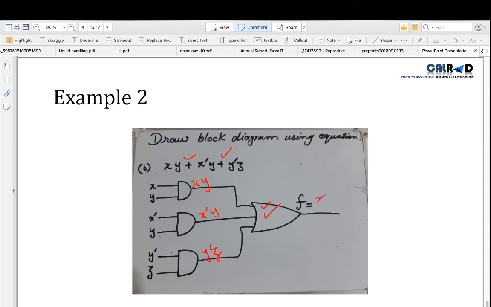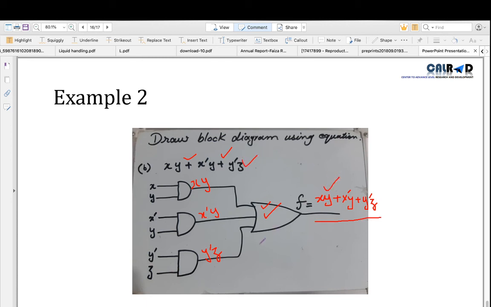That is x into y, because the OR gate always adds, so we add, and our second input is x dash into y, and our third input is y dash into z. So now you can see this is our final equation, and this equation is similar to the given equation.